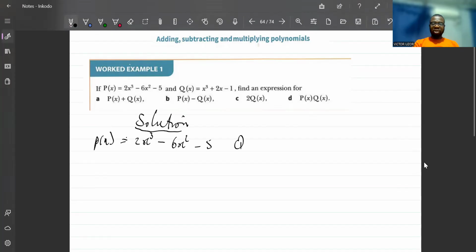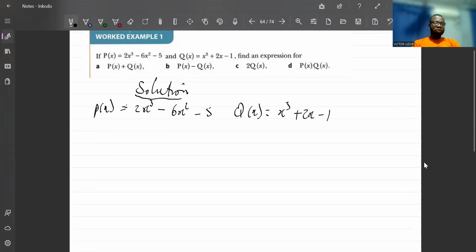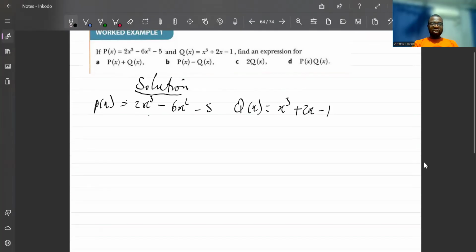And the second one, q of x, is equal to x cubed plus 2x minus 1. Now, if you have watched my previous video, you understand that by number of terms, there are 3 terms here, so they are trinomials, but by power, they are cubic, because the highest power in the first one is 3. Both of them are trinomials, but by power classification, they are cubic.